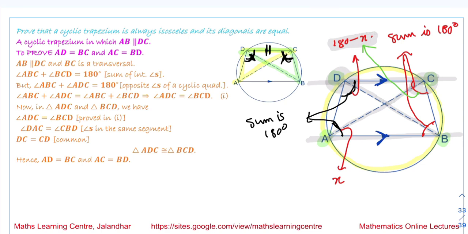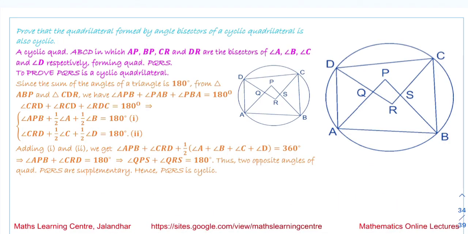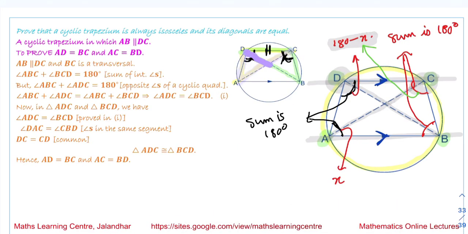And then the next thing that we have is that the angle DAC and the angle DBC both lie on this segment CD. So it means both these angles are also equal to each other.